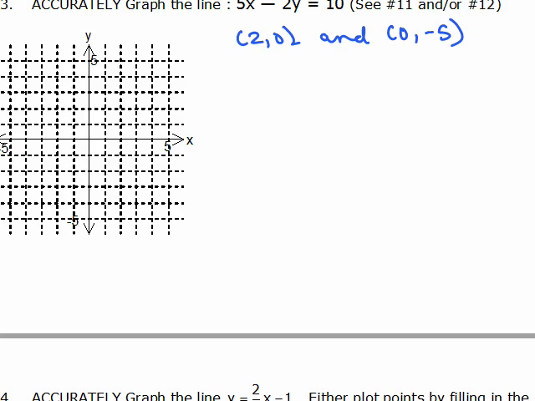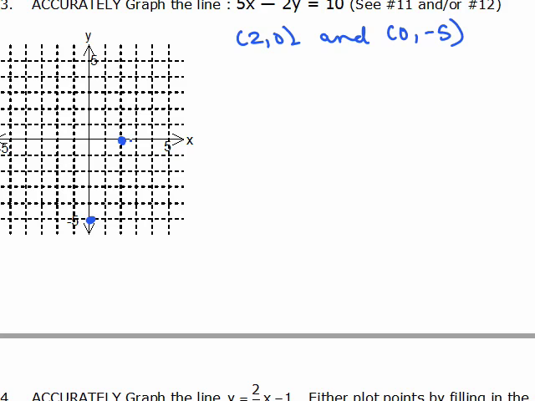Okay, for number 13, it says accurately graph the line 5x minus 2y equals 10. Same problem that we just did in number 11 and 12. And for our x-intercept, we had (2, 0), and our y-intercept (0, -5). So we could use those, (2, 0) and (0, -5), and make sure that we get the right slope by doing this.